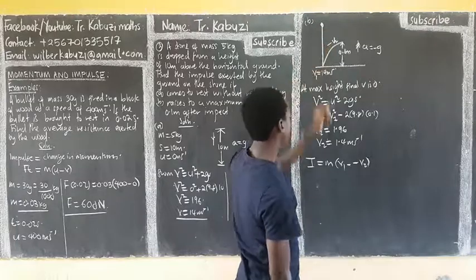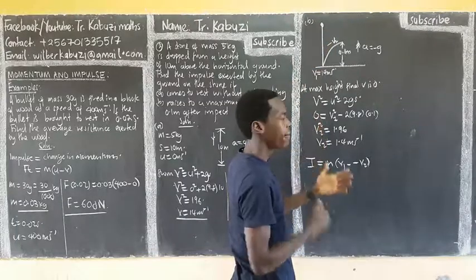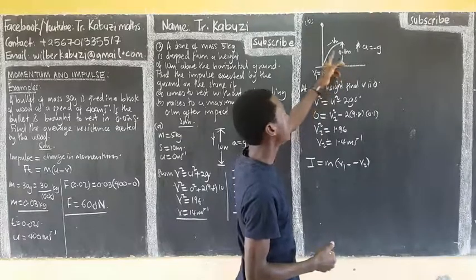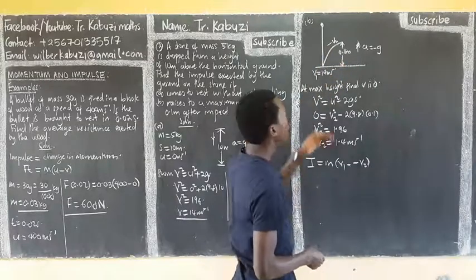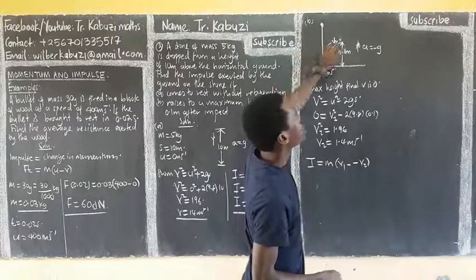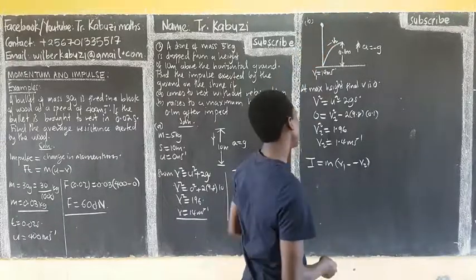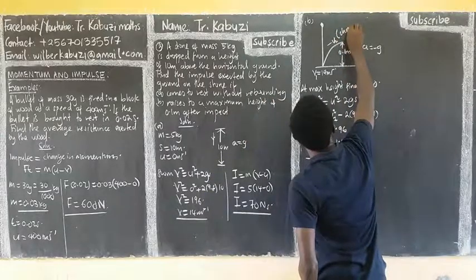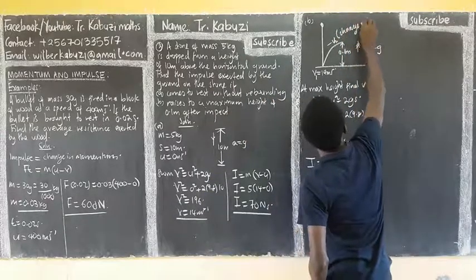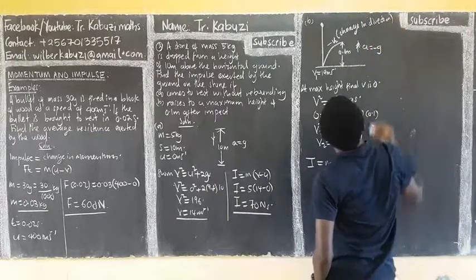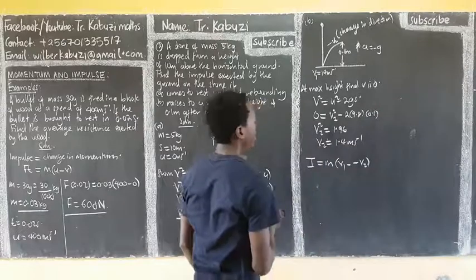That's why it's negative. It's changing direction. In simple terms, after the impact, it's changing the direction. So the velocity is changing direction. That's why I have it as a negative. After impact, this velocity was in this direction, but after the impact, it changed the direction. That's why I have it as negative V. Let me put here: change in direction.